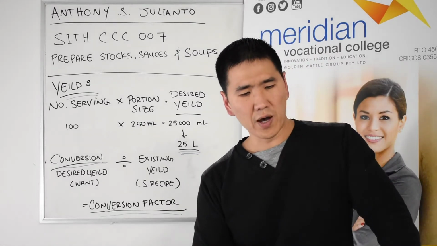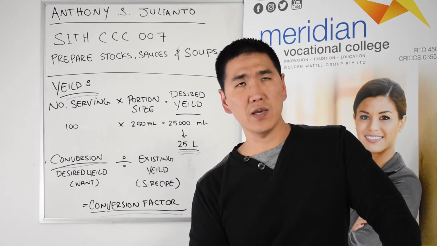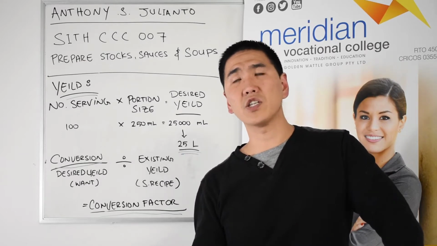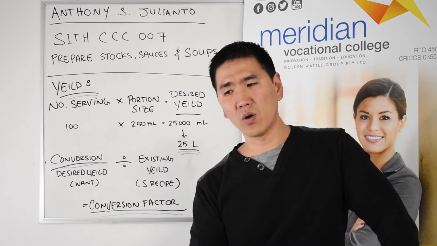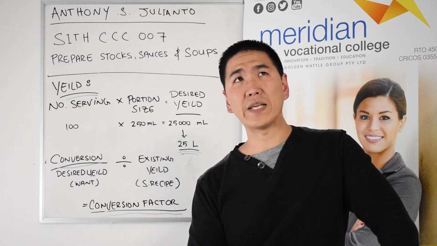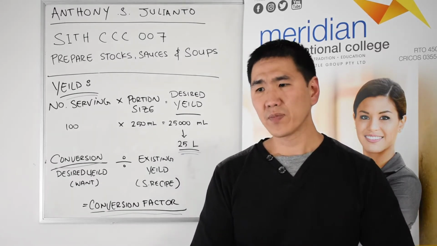After that, we talk about what exactly a stock is. So in commercial cookery kitchens, everything usually has a sauce, or usually we need flavor in everything. So your stock is your foundation flavor.